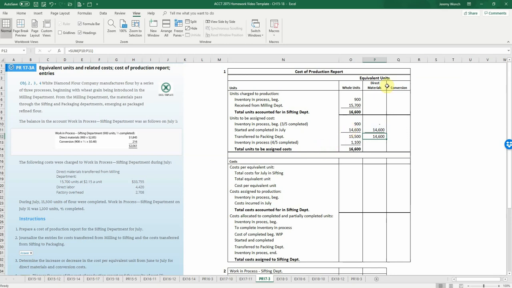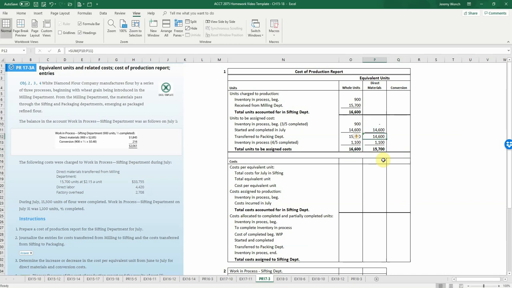Since direct materials are added at the beginning of the period, of what was 4/5 complete, all the direct materials had already been added. So we're going to add all of those in. For direct materials, we have 15,700 to assign cost to.